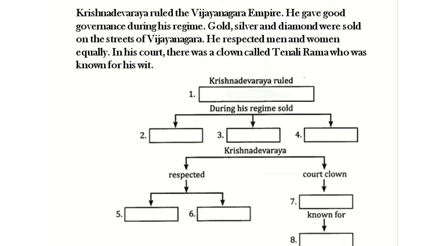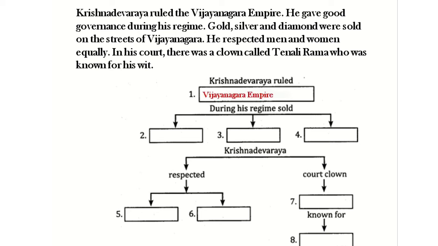And next one is Krishnadevaraya ruled the Vijayanagara Empire. He had good governance during his reign. Gold, silver and diamonds were sold on the streets of Vijayanagara. He respected men and women equally. In his court, there was a clown called Tenali Ramakrishna who is known for his wit. Here the table is given.